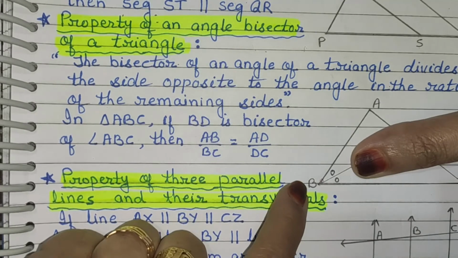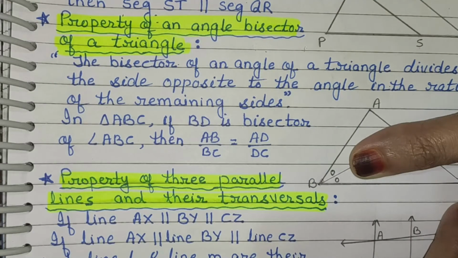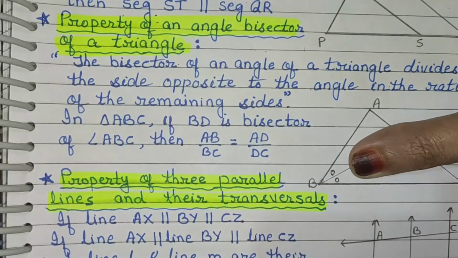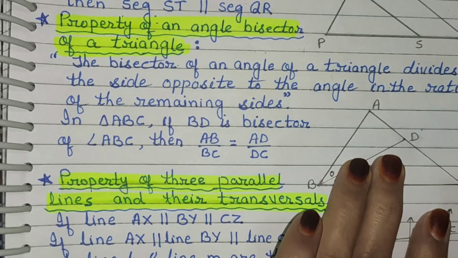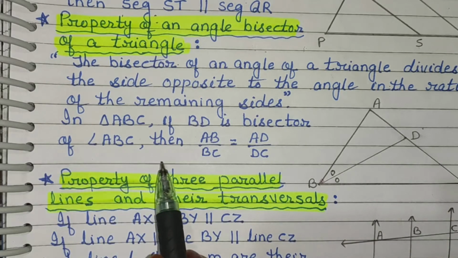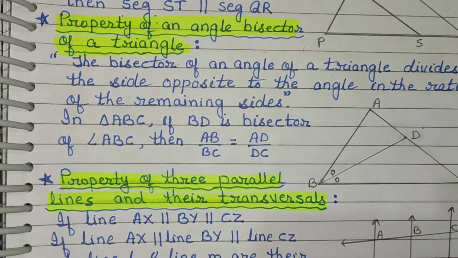Start from B. BA upon BC, the two sides of the angle, is equal to AD upon DC. In triangle ABC, if BD is the bisector of angle ABC, then AB upon BC is equal to AD upon DC.